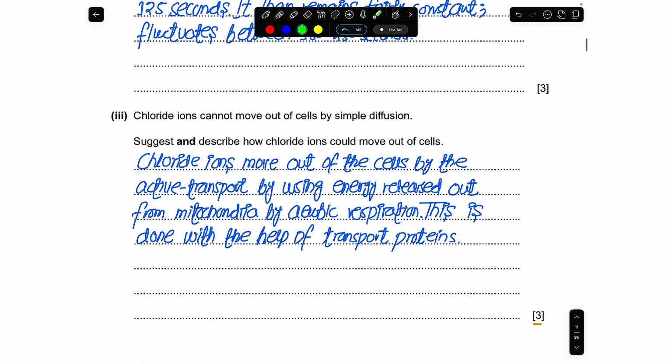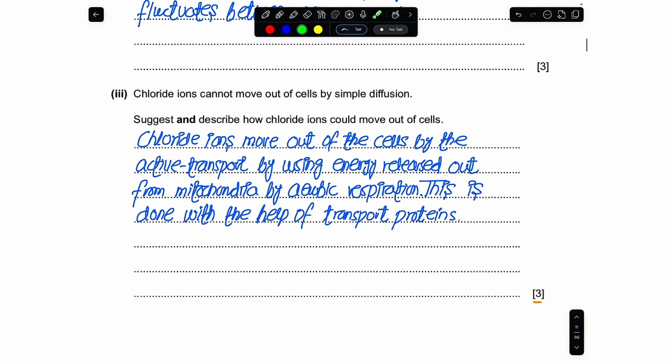If I move to the third part of the question, they say that chloride ions cannot move out of the cells by simple diffusion. That means if I have this epithelial cell in the villi of the small intestine, and we have chloride ions within them, they cannot go out of these cells by simple diffusion.